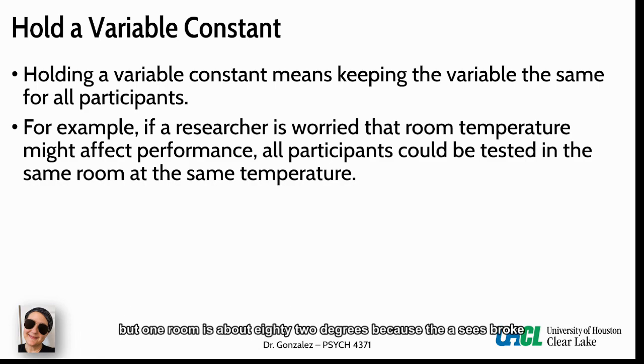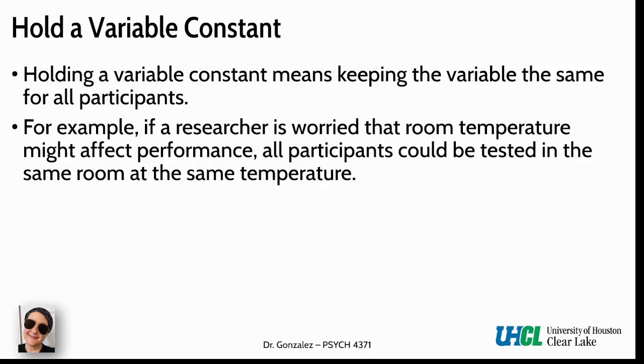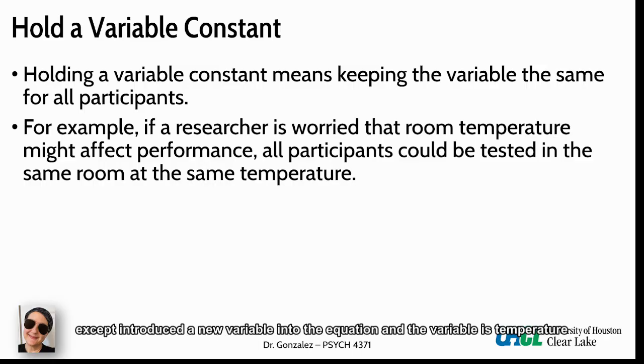But one room is about 82 degrees because the AC is broken, and the other room is 62 because it's working super well. I can't be 100% sure that any treatment effect that I found is 100% attributable to that manipulated variable because I've introduced a new variable into the equation, and the variable is temperature.